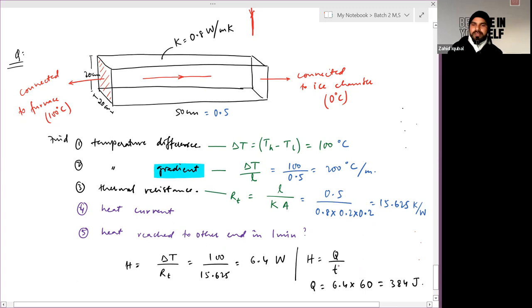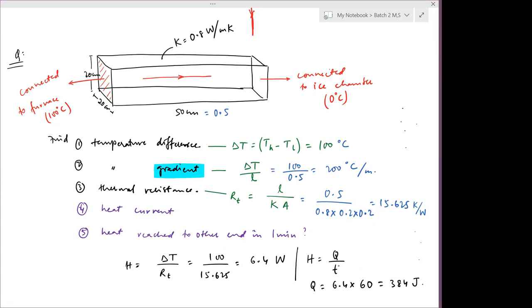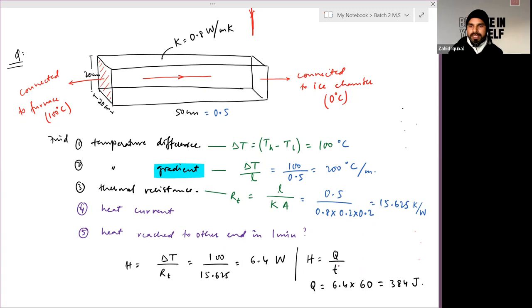You all have done till this part? Yes, sir. Sakshi, any doubt? Nahara, you have written?